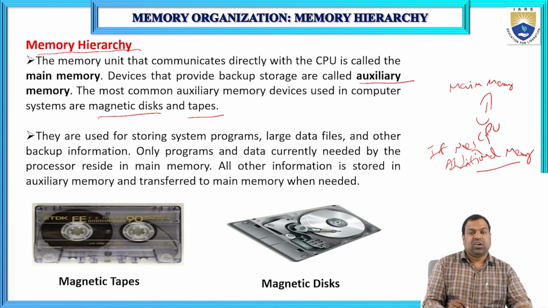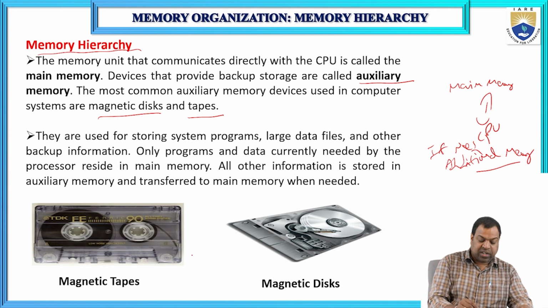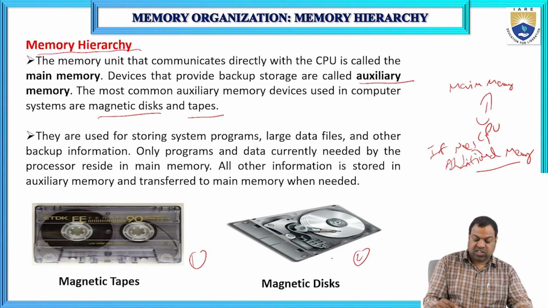They are used for storing system programs, large data files, and other backup information. Only programs and data currently needed by the processor reside in main memory. All other information is stored in auxiliary memory and transferred to main memory when needed. So magnetic tape and magnetic disks are the additional memories.